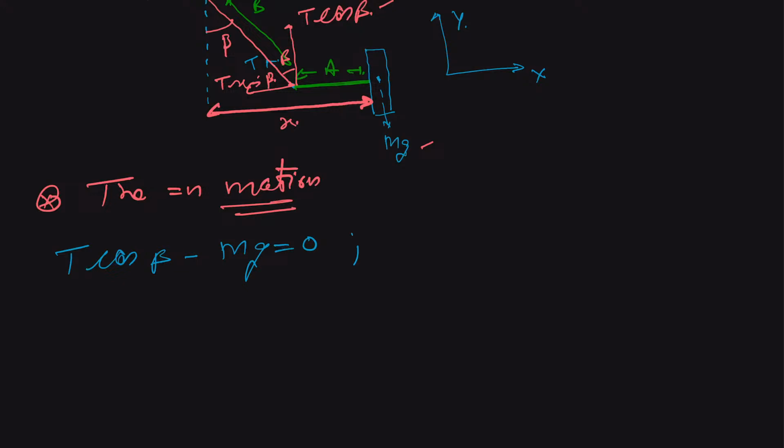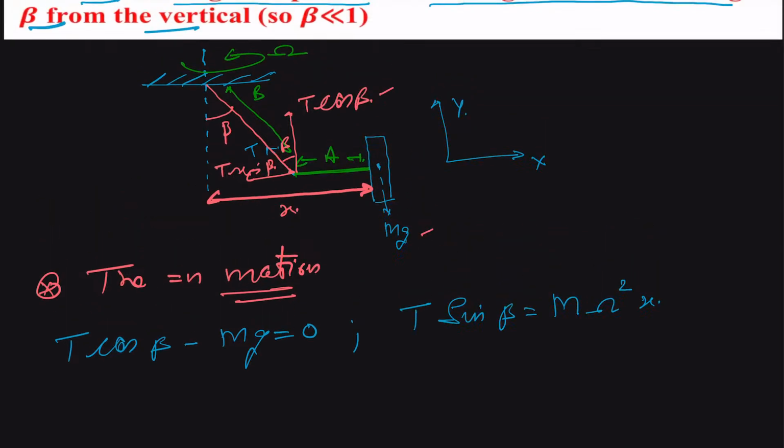And second, T sine of beta will be equal to m omega square multiplied by x, okay, because it is going to rotate in a circle whose radius is x.